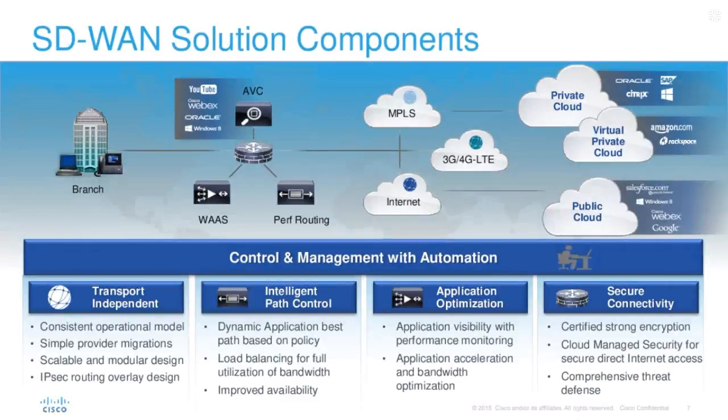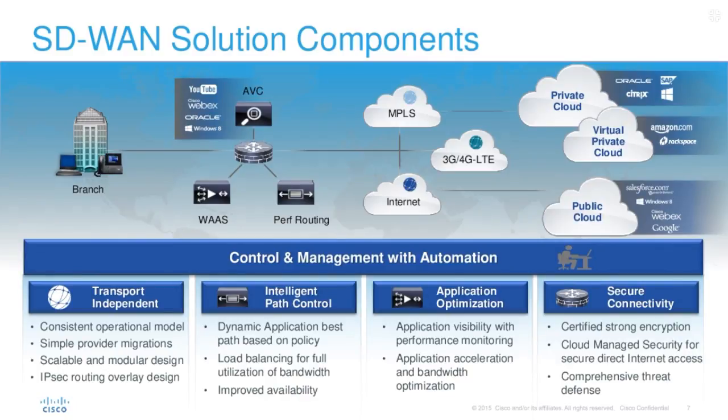And then going from left to right here, all of the vendors that are out there have most of these components that make up their solution. First of all, it's transport independent. And what I mean by that is we're running one overlay tunnel architecture over whatever transport is going out there. This is generally almost always IPsec tunnels, and we're going to run those over, let's say, an existing MPLS network, and then also out over those internet connections, so that the network just sees one network to route over regardless of what your underlying transport is.